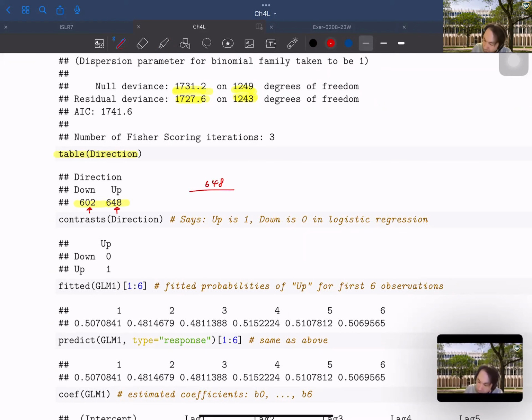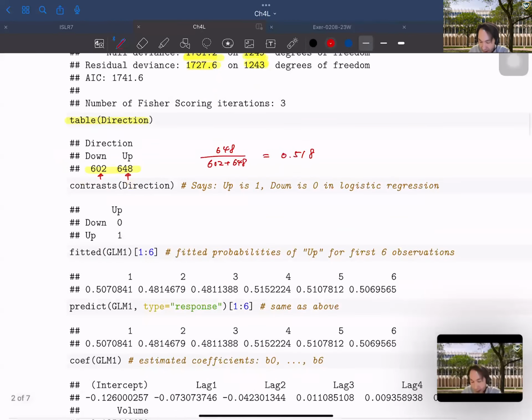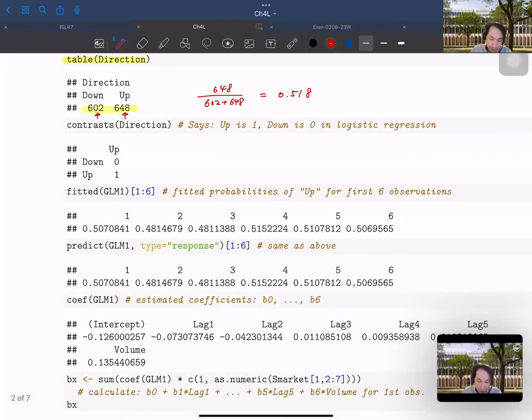So 648 over the entire sample size is equal to 0.518. I calculated this before class. So the baseline accuracy is 51.8%. If we can achieve more than that, then that may be a useful model.